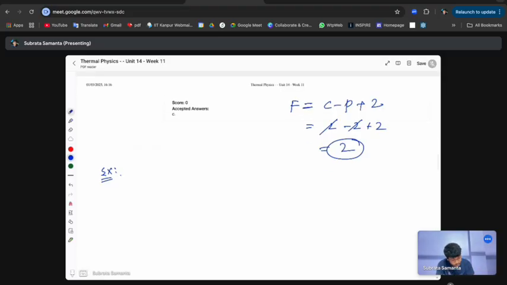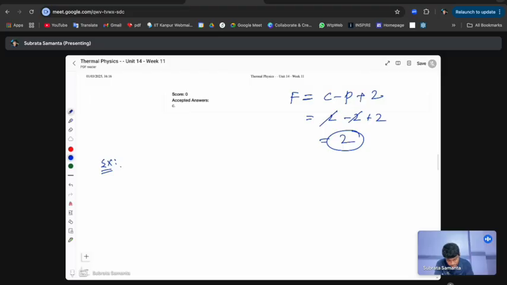So let's say for a single component system, that means C equals 1, okay. So then your F is 3 minus P, right?